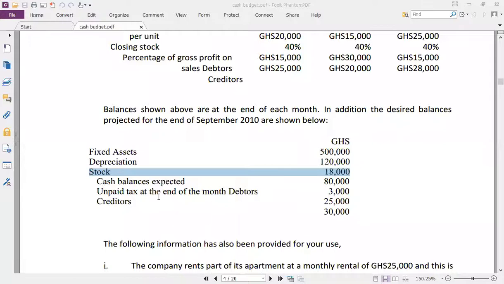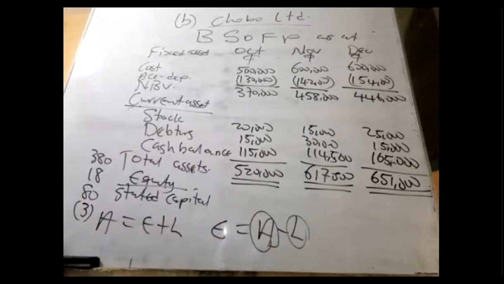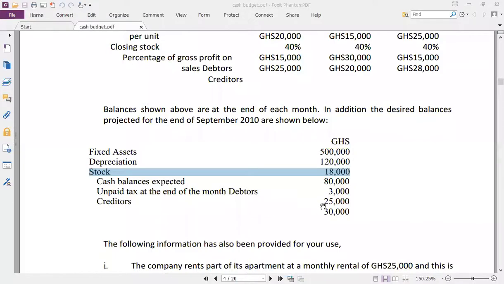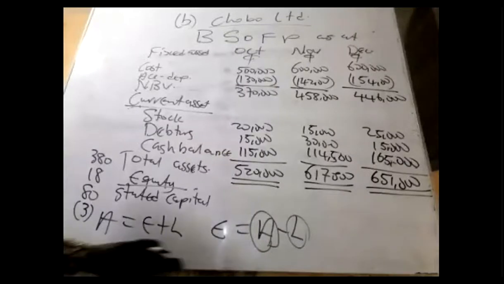Next item on the list, unpaid taxes. That is a liability, 3. Then debtors is 25,000.